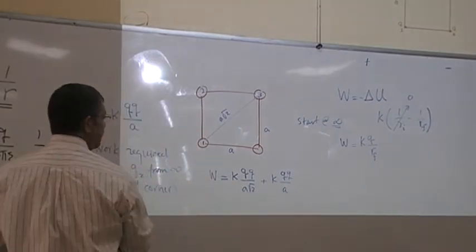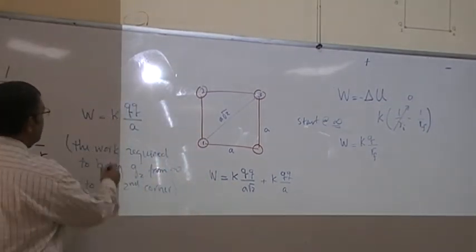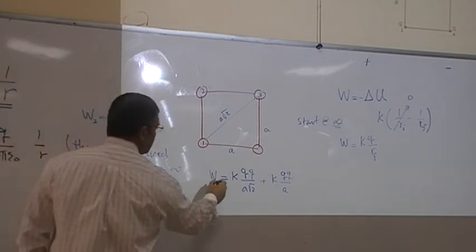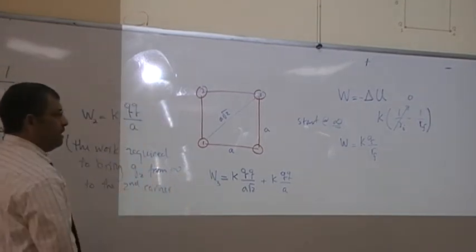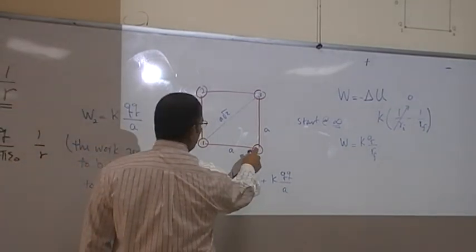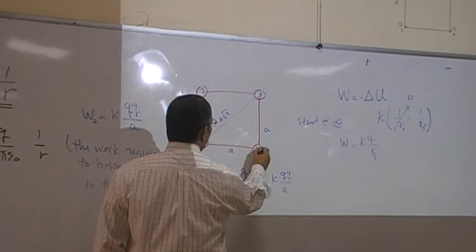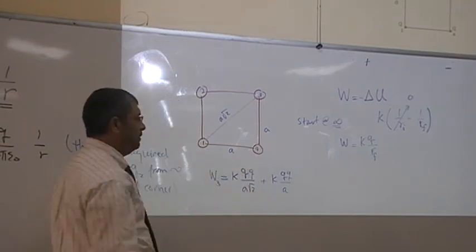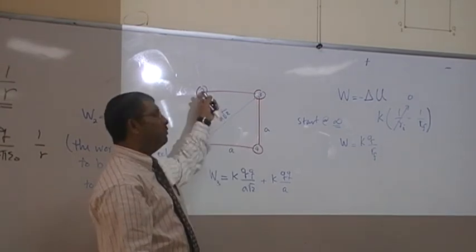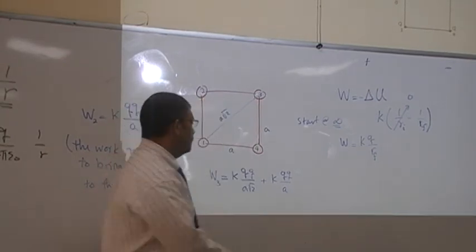So let me call this the work to bring 2 to that corner. This is the work to bring 3 to that corner. Now how about 4? This is the fourth one. What is the work required to bring it and put it here? It will be the work with this one, the work with this one, and the work with that one.